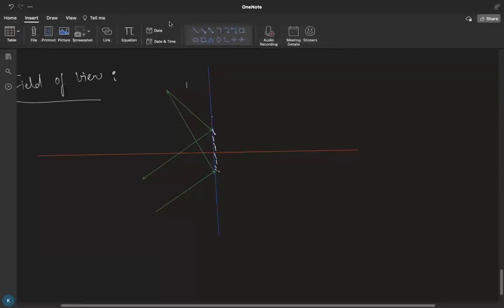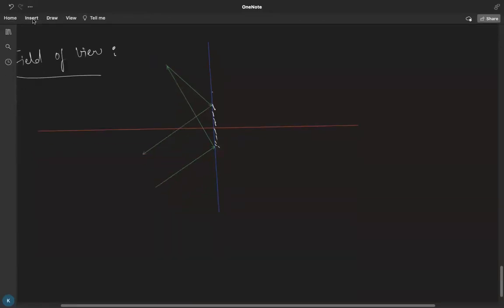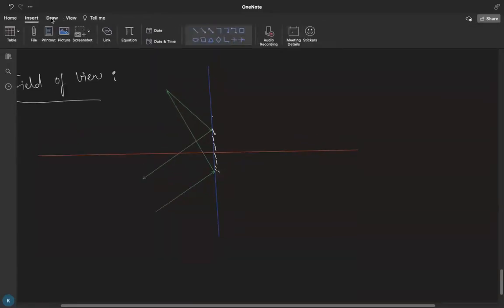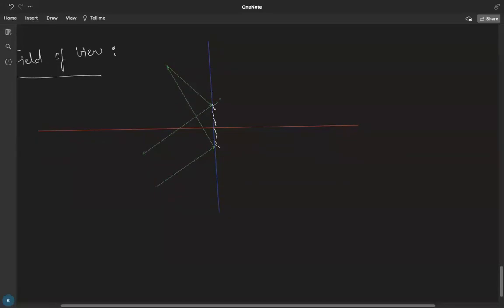Now let me take the white color. What I'm trying to illustrate to you is to extend the reflected ray backward. This is the reflected ray, right? I'm assuming this is our incident ray of light, and these are the reflected rays of light.